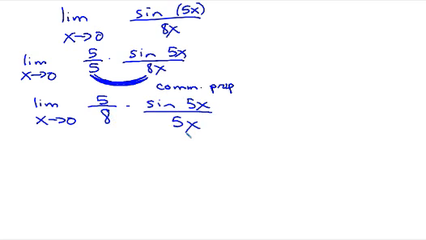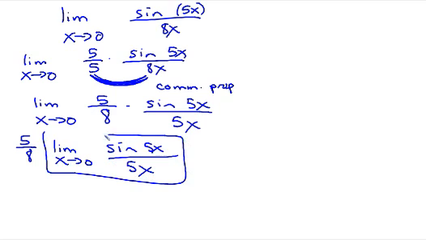And we know with our rules of limits that I can pull this 5/8 out in front. And look what I have: the limit as x approaches 0 of the sine of 5x over 5x. And we just said that this is equal to 1.